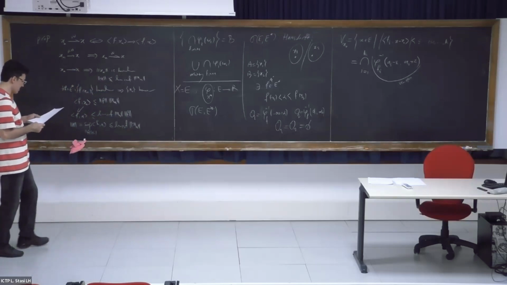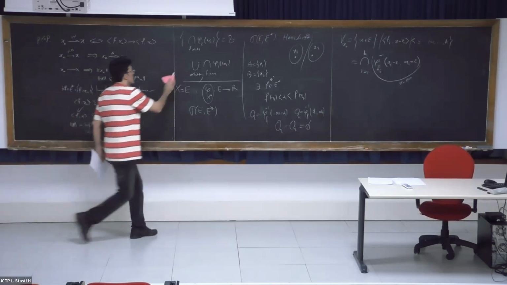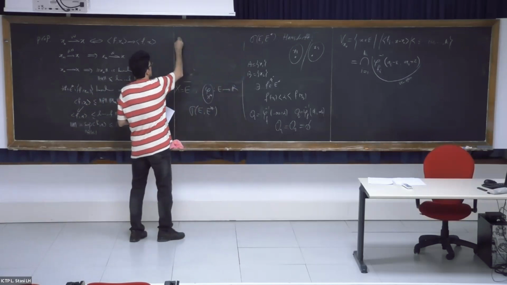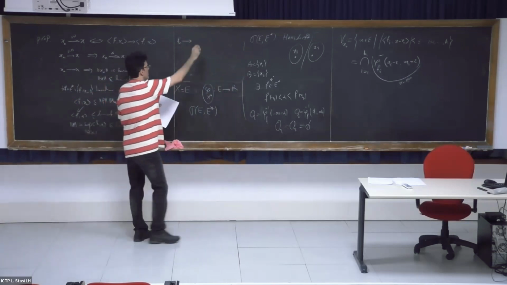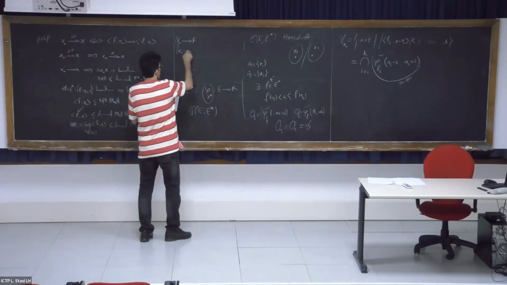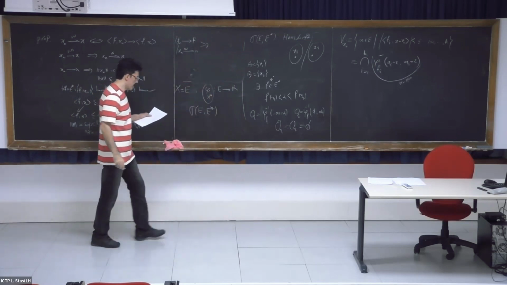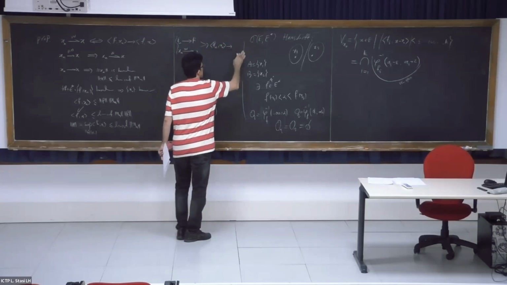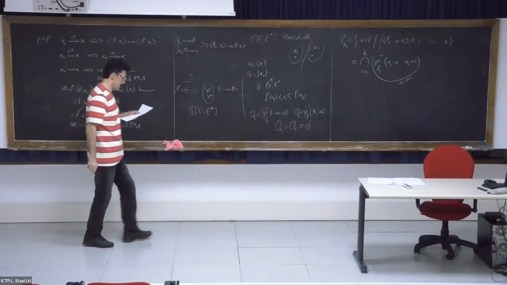And some other properties of weak topology, like this one. If fn strongly goes to f and xn tends to x weakly, we may deduce that fn(xn) converges to f(x).